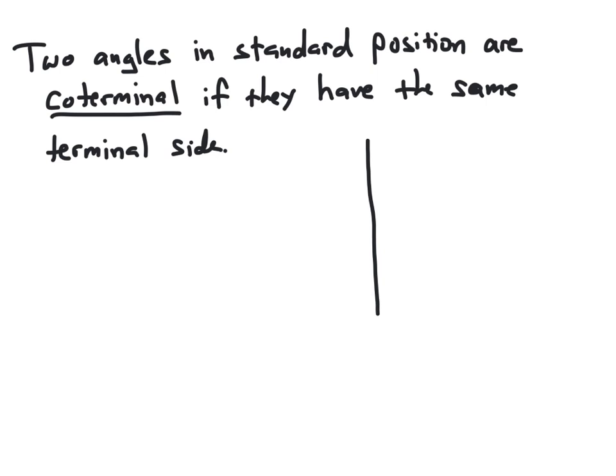For example, let's say we have a 45-degree angle in standard position. So this would mean that it has its initial side on the positive x-axis and a terminal side pointing along the line y equal x. So this will be a 45-degree angle.